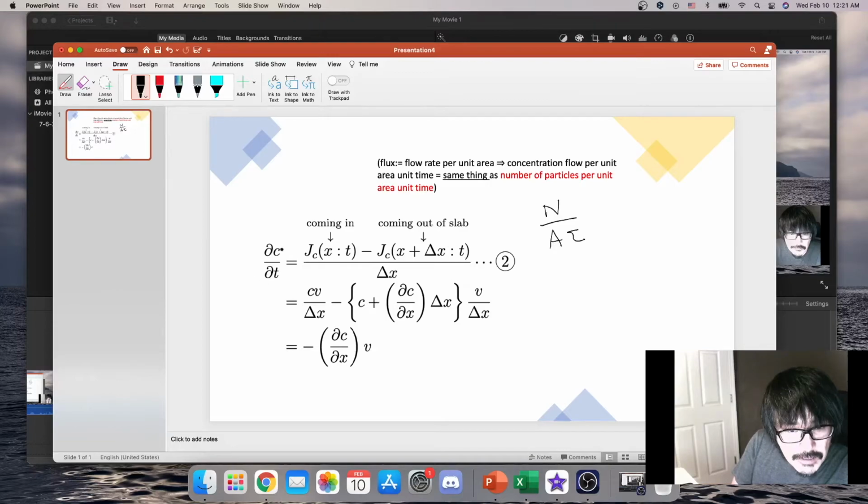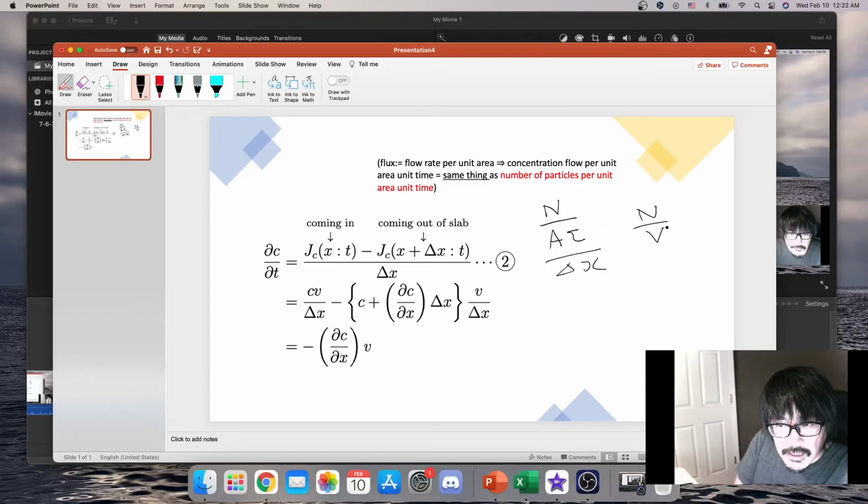But if I actually have these things divided by the delta x, what I actually have is the number divided by volume, right? Because it's n divided by A divided by delta x, so A multiplied by delta x is going to be the volume.